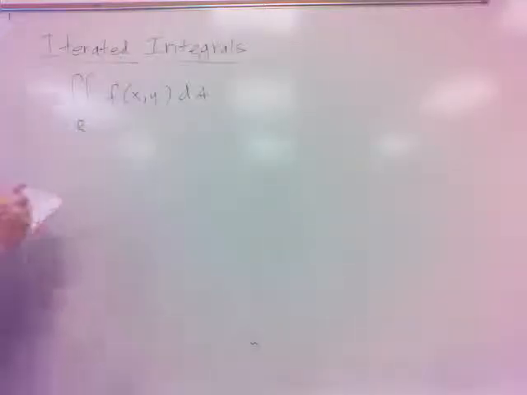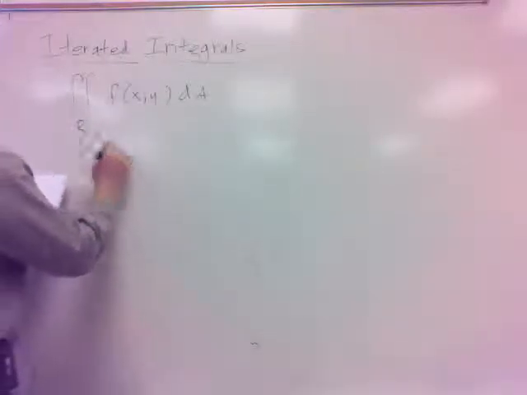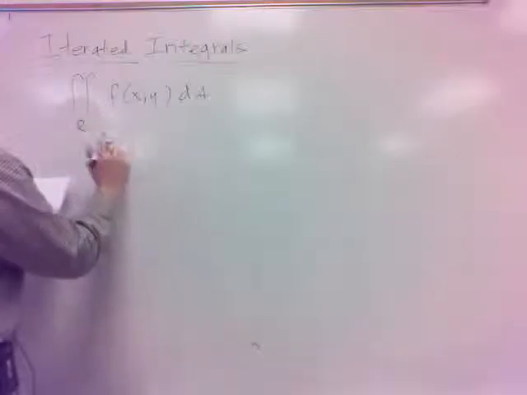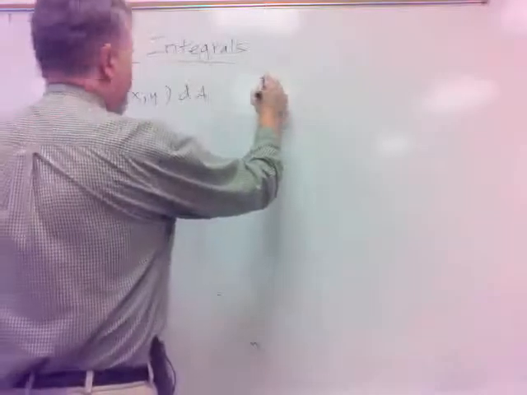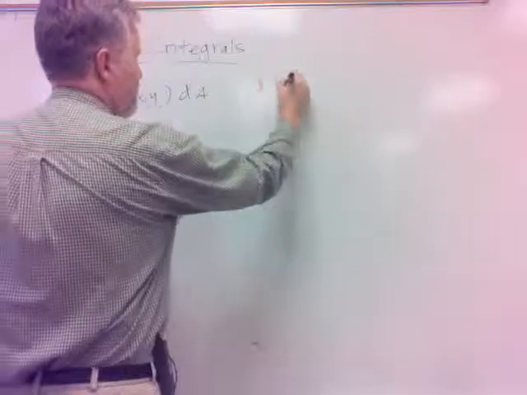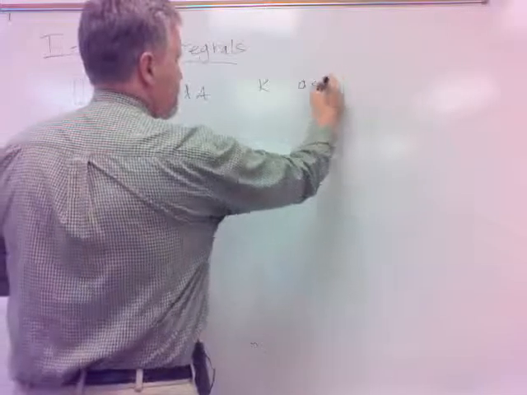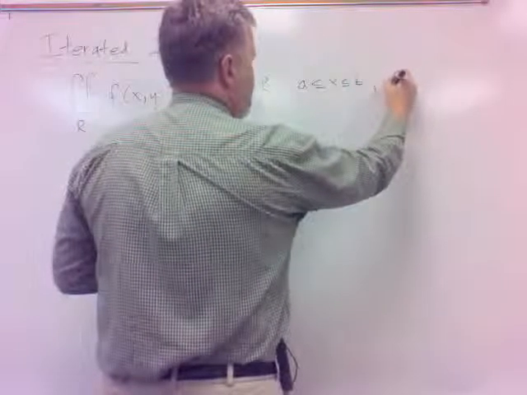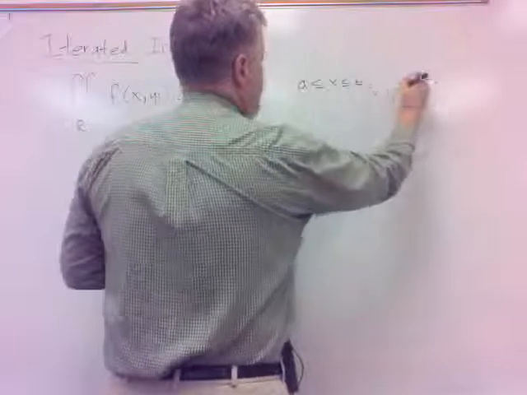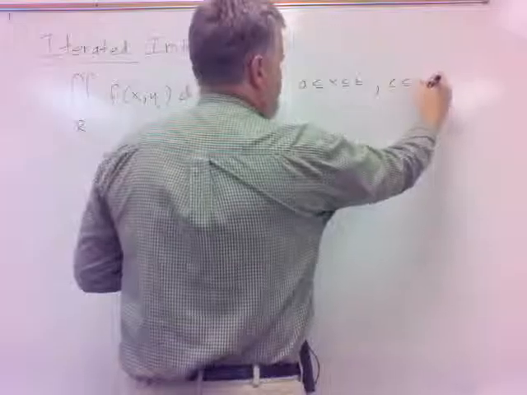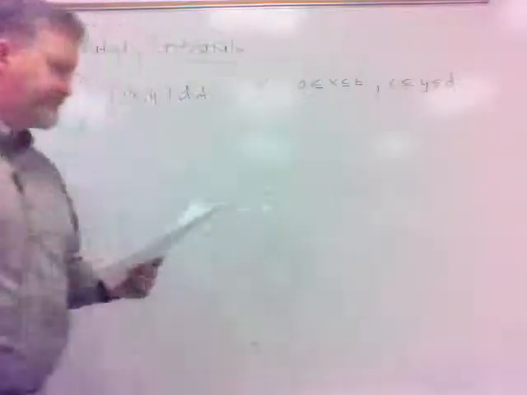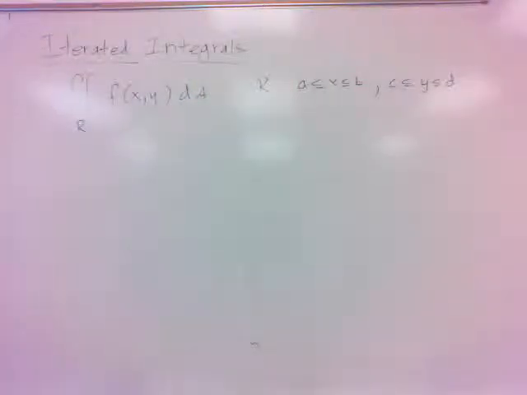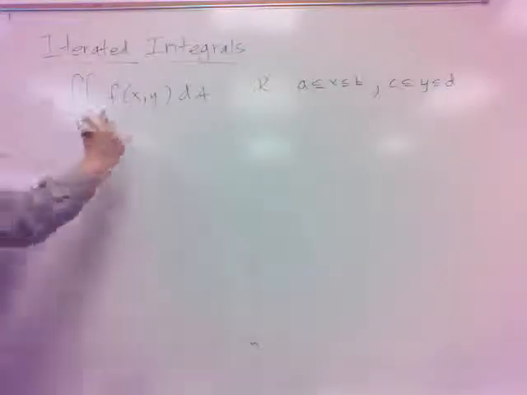Okay? For example, if we're talking about, again, R as the region where x is between a and b, y is between c and d, that's our region R. Then here's what we can think.